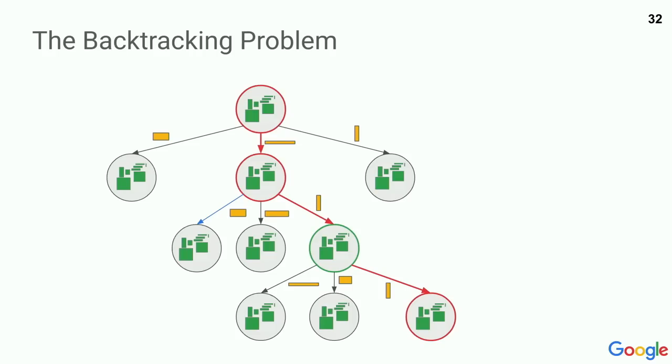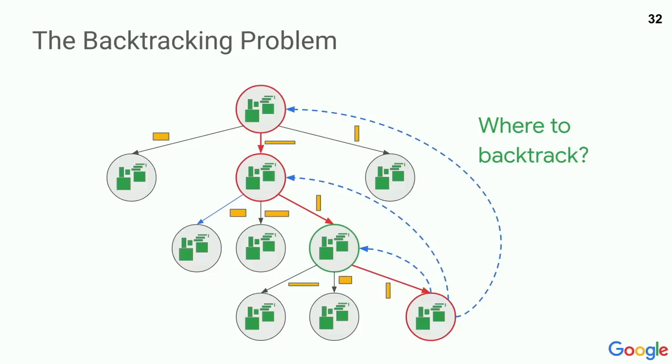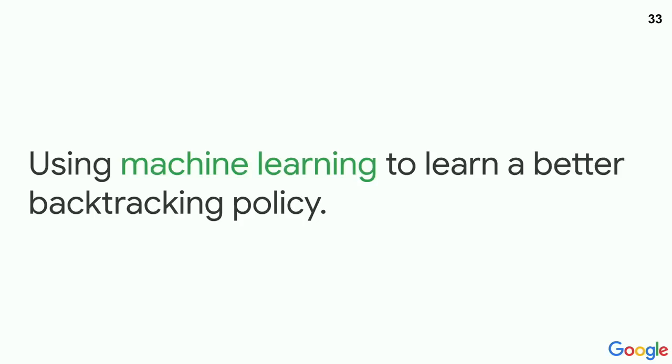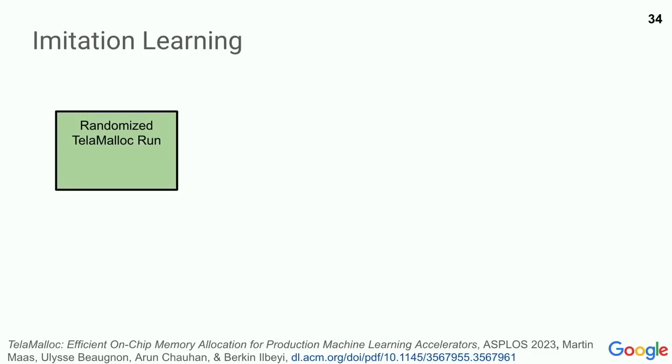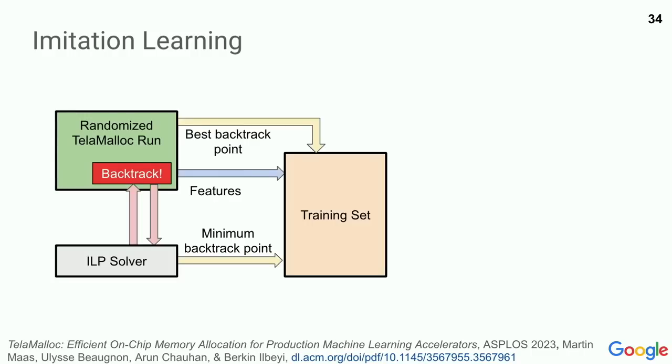The issue with the backtracking problem is you don't know how far to backtrack. And so that's where using machine learning actually helps you: where should I backtrack to? You can use machine learning to learn a better backtracking policy in the constraint solver. By imitation learning, you can try a bunch of constraint solving and find, by evaluating, what the best backtrack point is for a particular scenario.